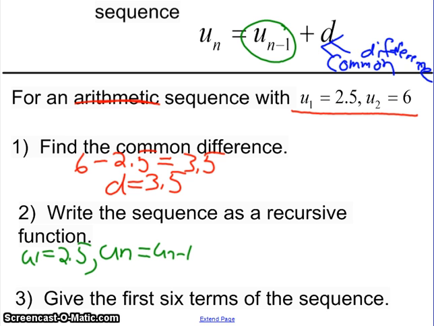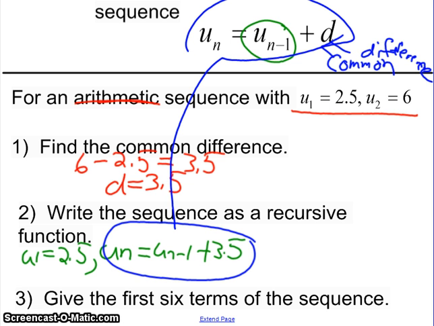And since this is arithmetic, we're always adding the same amount. How much are we going to be adding? We are adding 3.5. So this part right here is this formula: u sub n-1 plus whatever the common difference is.